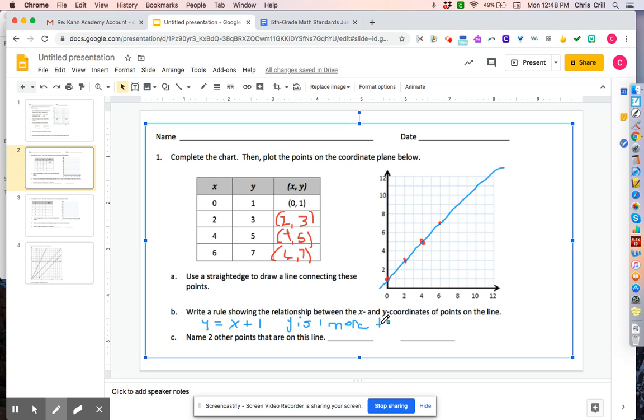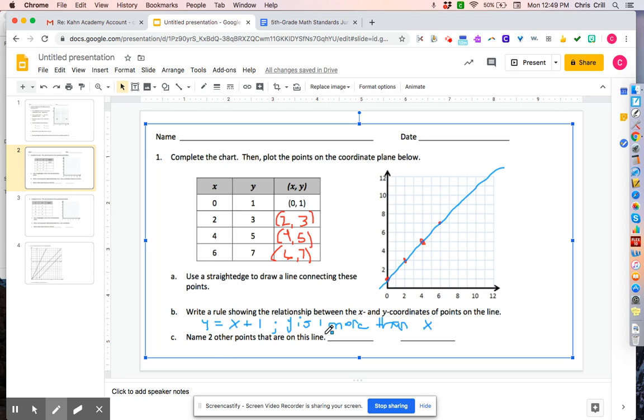So here I wrote this in 2 different ways. I wrote an expression first, and then I just wrote a sentence. You can use either way to express the relationship. Write an expression or write a sentence. Y is 1 more than x.